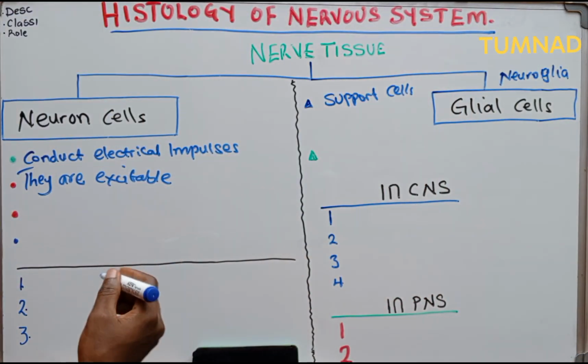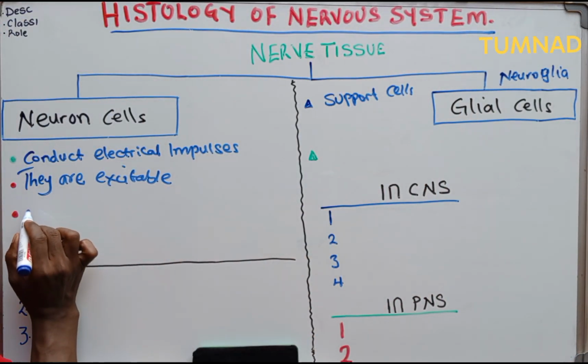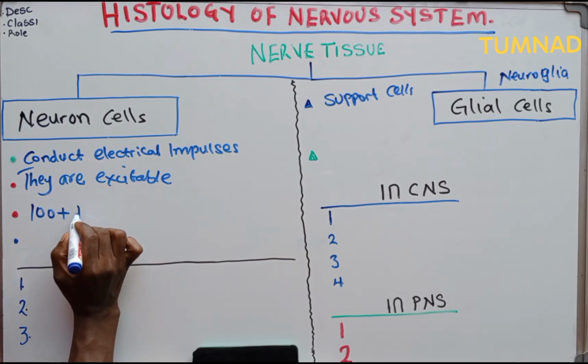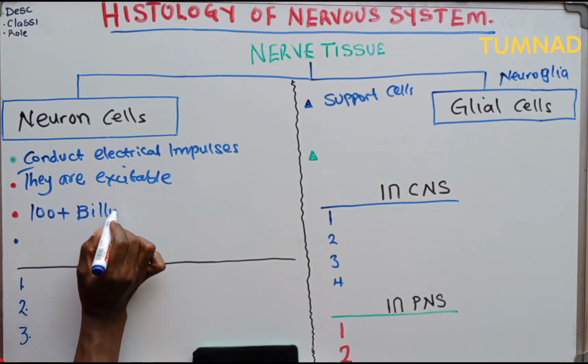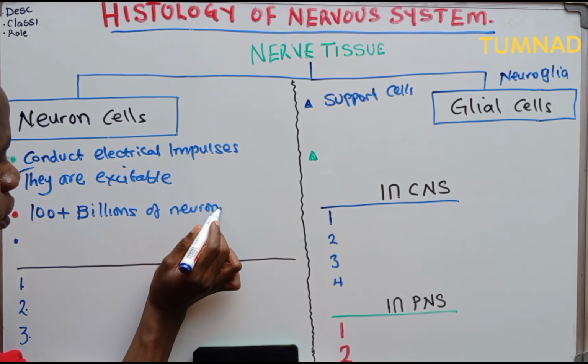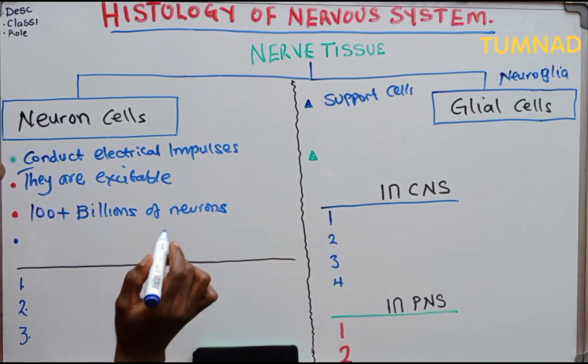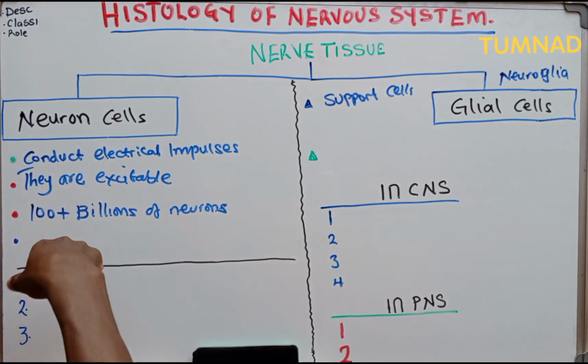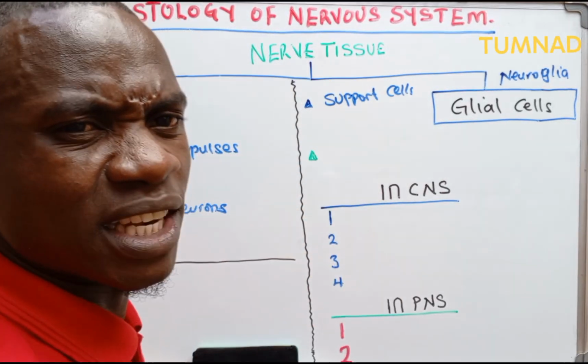The body can contain approximately 100 plus billion neurons, over 100 billion in our body.